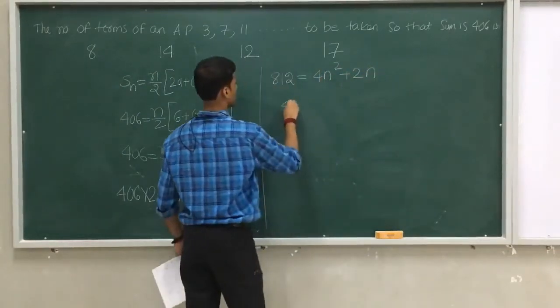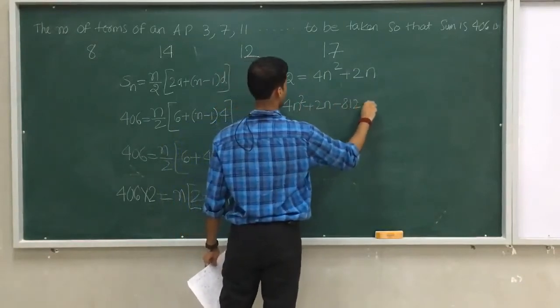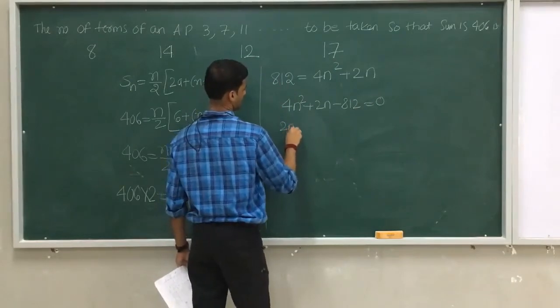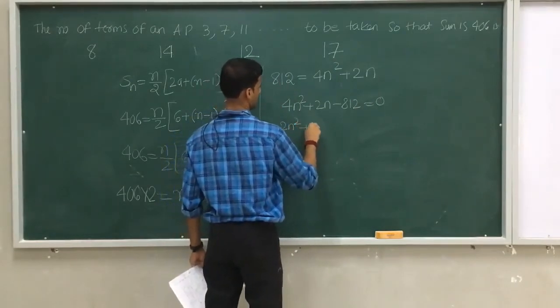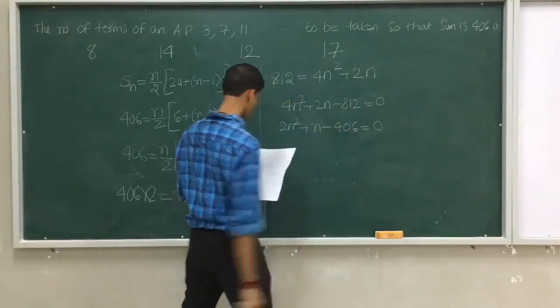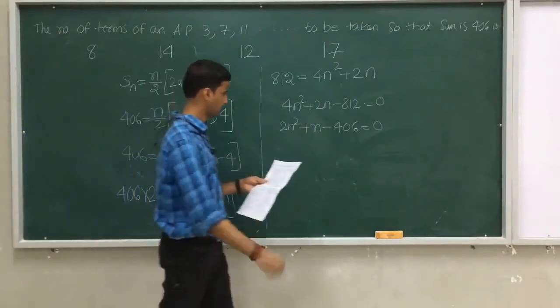So you get 4n square plus 2n minus 812 equals 0. If you take 2 common, 2n square plus n minus 406 equals 0.